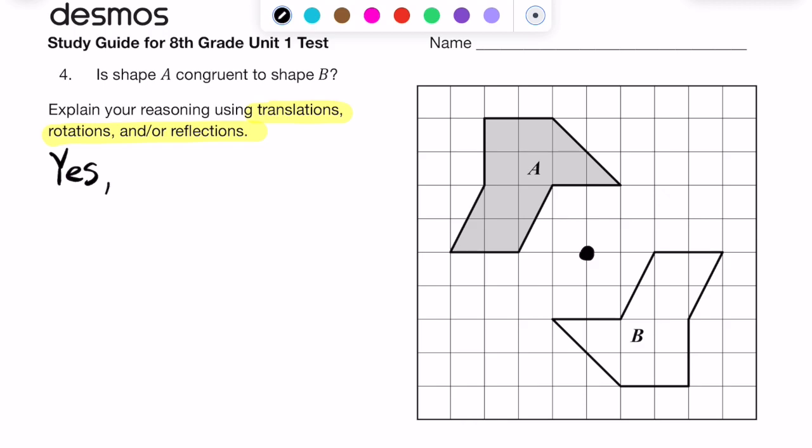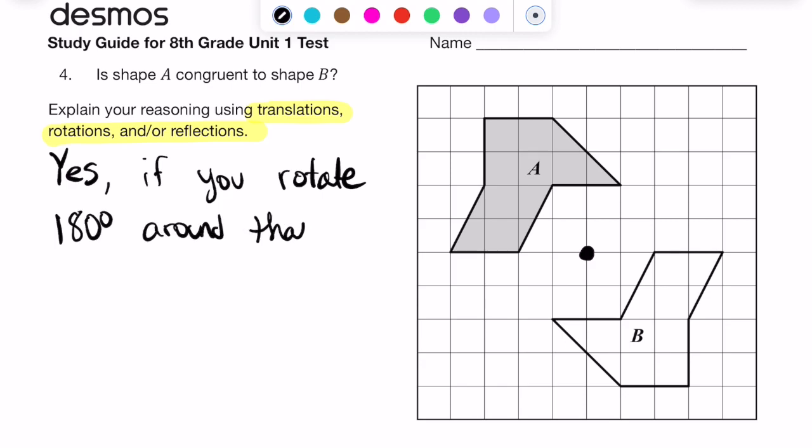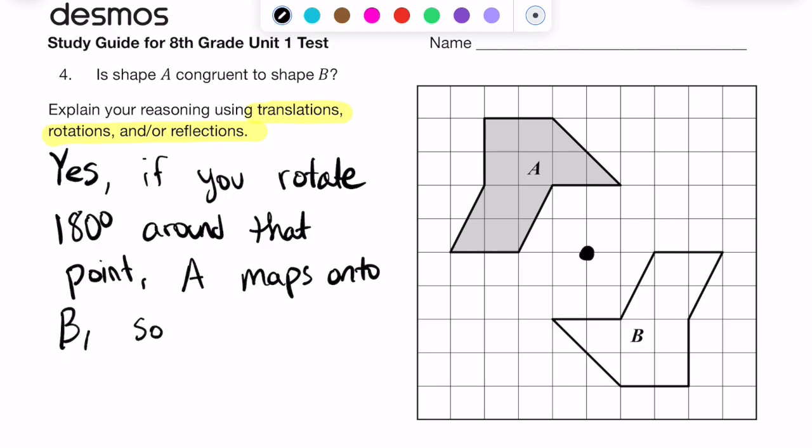So yes, if you rotate 180 degrees around that point, A maps onto B, so they must be congruent.